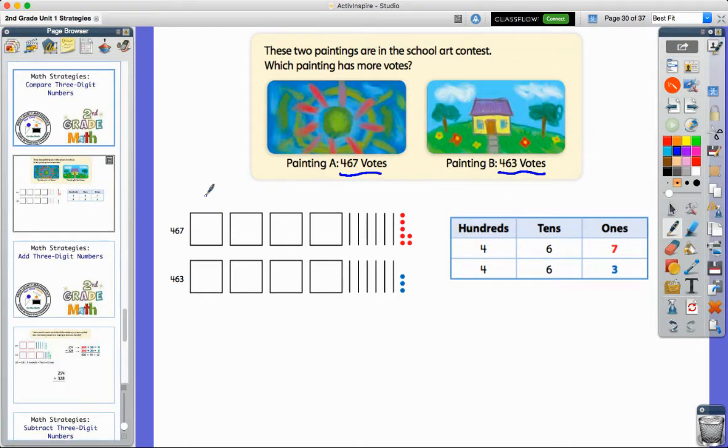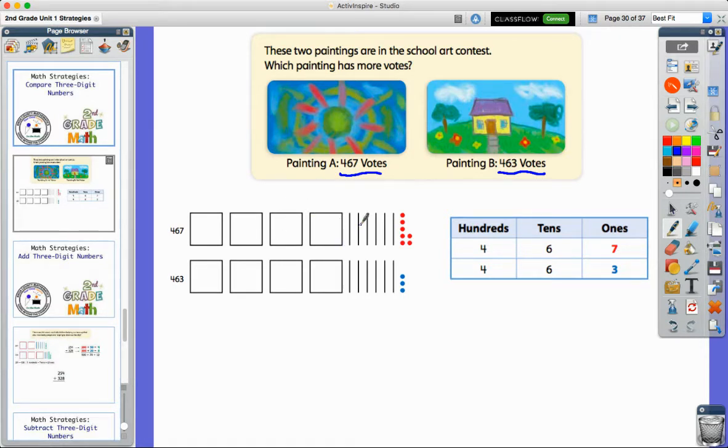Remember, you might not always have base 10 blocks that you can use to model these numbers, but you can do a quick draw. So instead of our base 10 blocks for hundreds, we draw big squares. So here in this number, 467, I have 4 squares representing my 4 groups of 100.